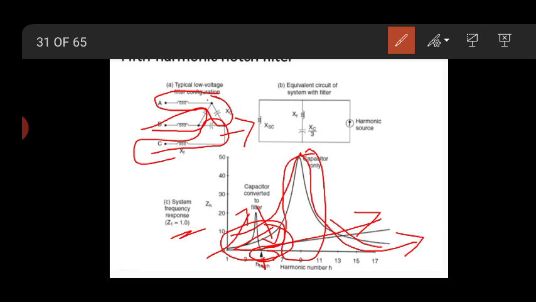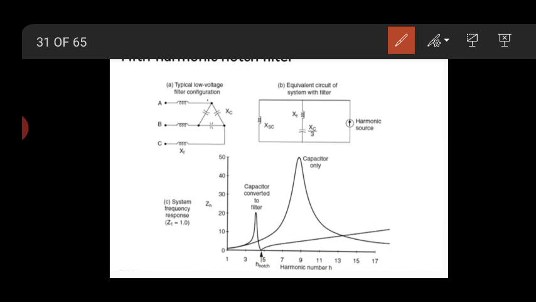It will act as a low pass filter, and it will act as a high pass filter. But for the 8th, 9th and 10th order harmonics, it will just pass.